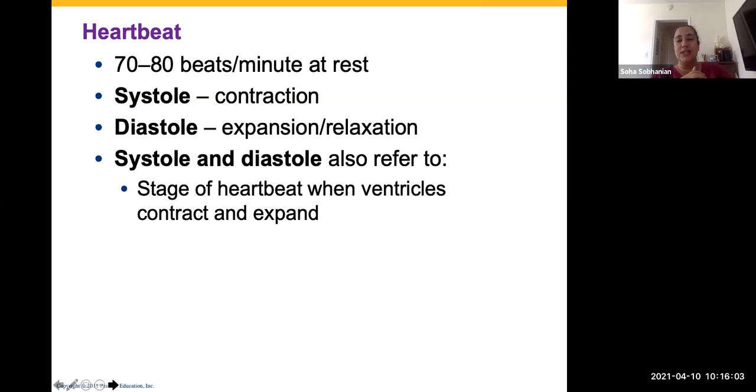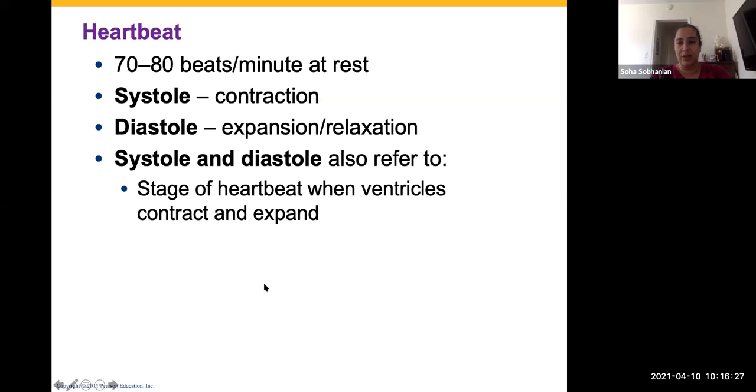So be careful, guys. The bigger number is first, the smaller number is second. When your heart is contracting, you're creating a larger pressure. So your systolic pressure is the higher number.